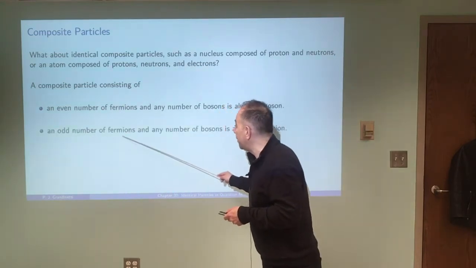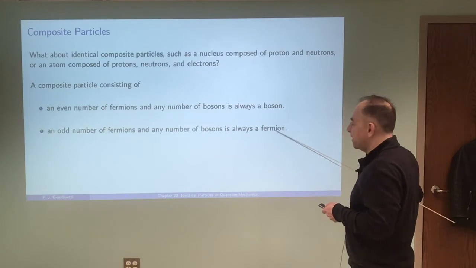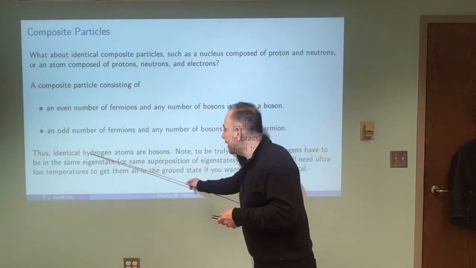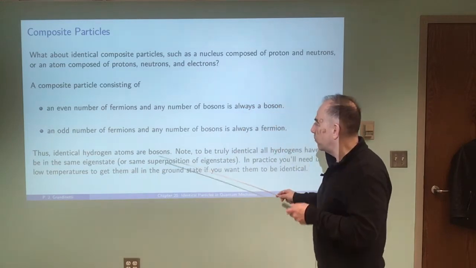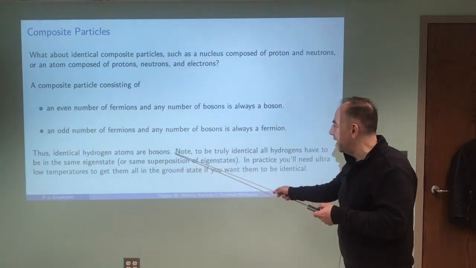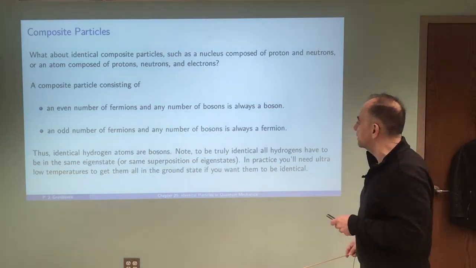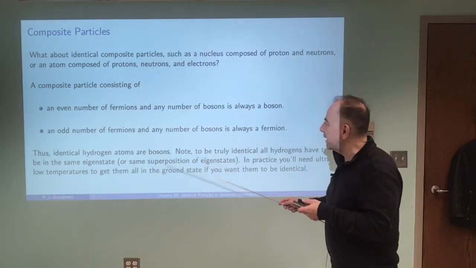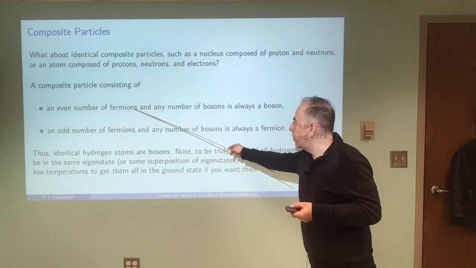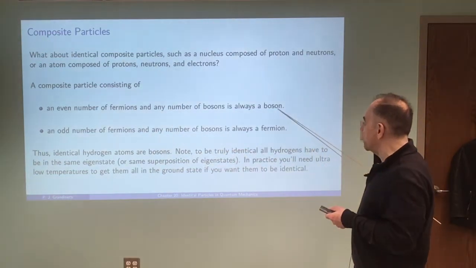If you have an odd number of fermions and any number of bosons, then you will always have a fermion. So identical hydrogen atoms will be bosons. Hydrogen atoms have an electron and a proton, that's two fermions, so that means it will always be a boson.